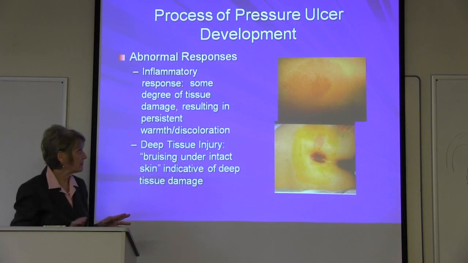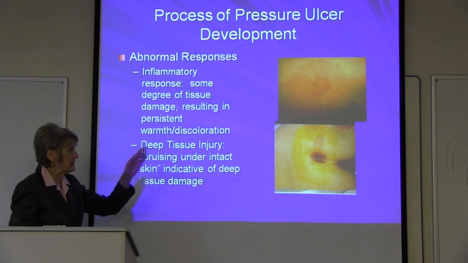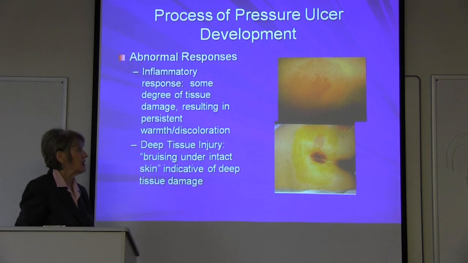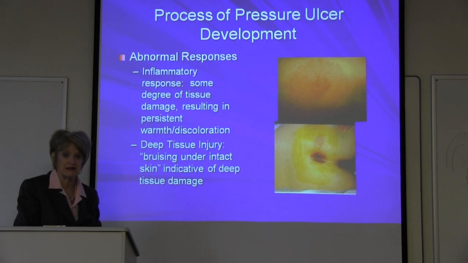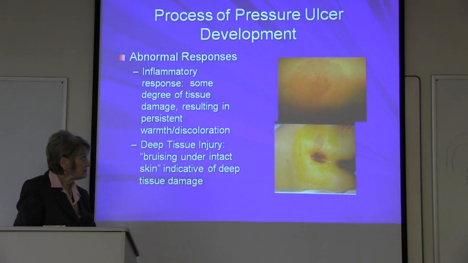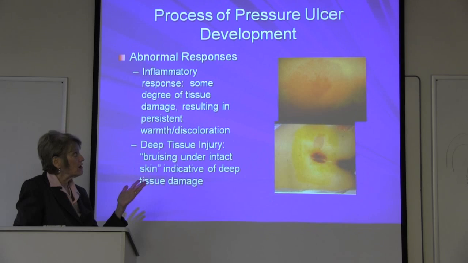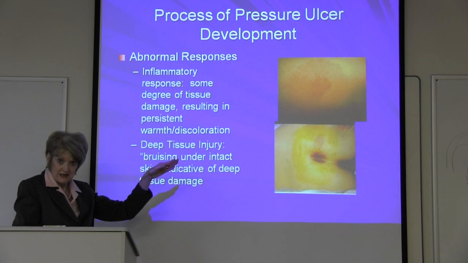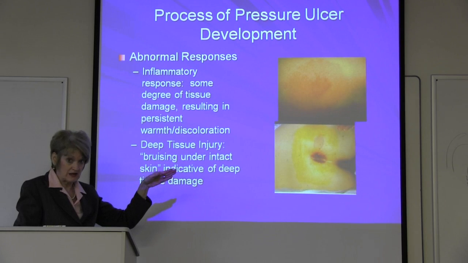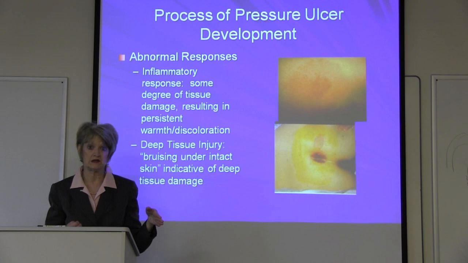But, let's go to the next slide. Both of these represent pathology. On the top, you have stage 1, and on the bottom, you have suspected deep tissue injury. Now, what's going on here? Well, when you see prolonged, persistent erythema, what you have is not a normal response, but an inflammatory response.